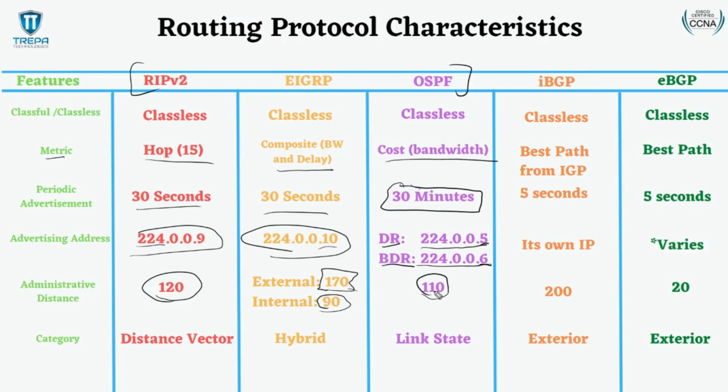Then OSPF is 110. So if all things are the same and your router is learning a route from RIP, EIGRP, and OSPF, and the prefix length is the same, it chooses EIGRP as the routing protocol to place in the routing table because it has the best, or the lowest, administrative distance. The only other route source that beats EIGRP is static, and static routes have an AD of 1.